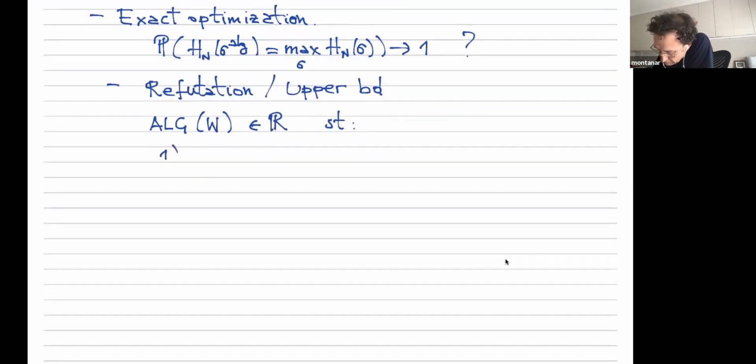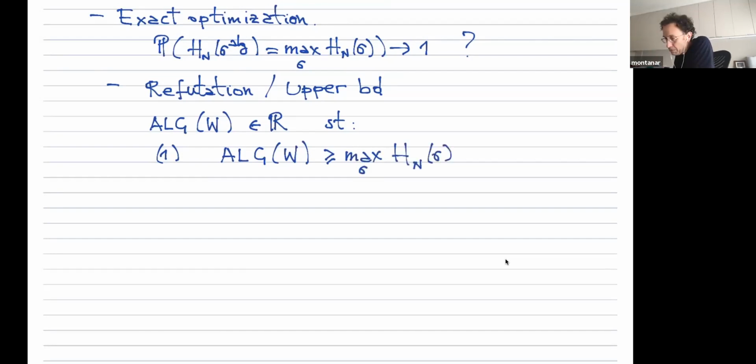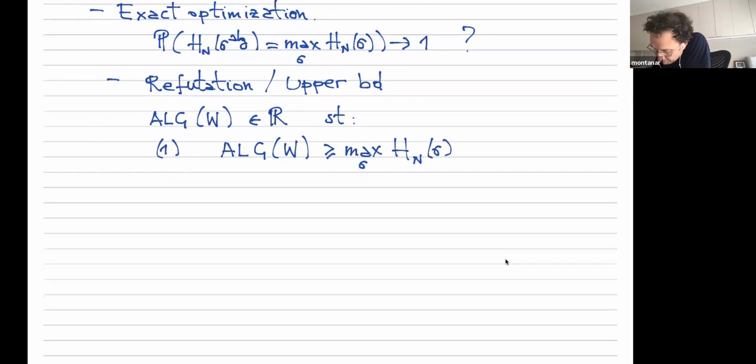One, this number is always an upper bound on the value of the optimum. The optimization is over the Hamming hypercube. And second condition is that it's an accurate, a tight upper bound when W is random.